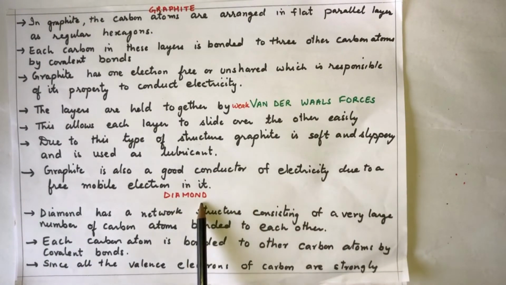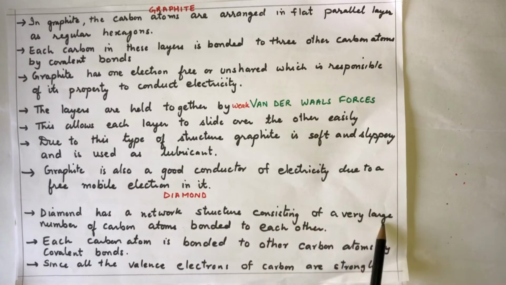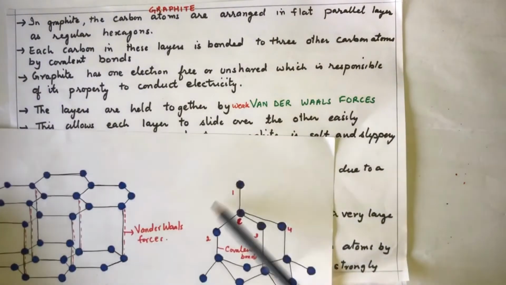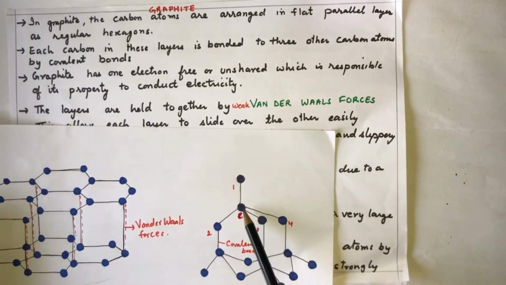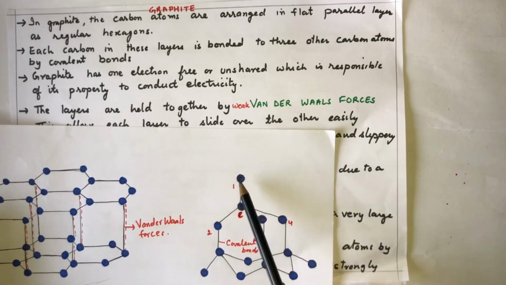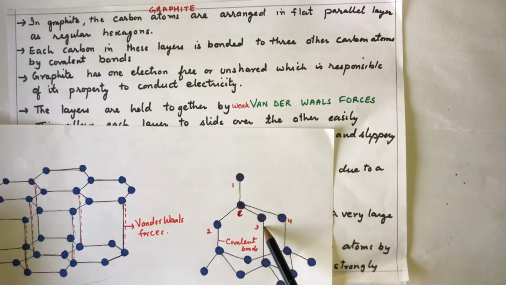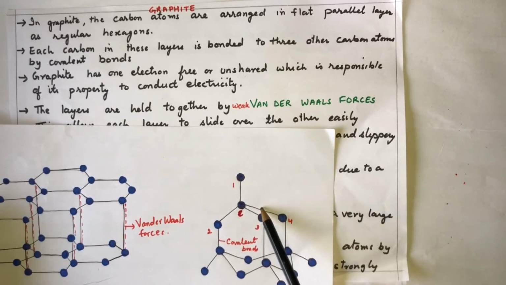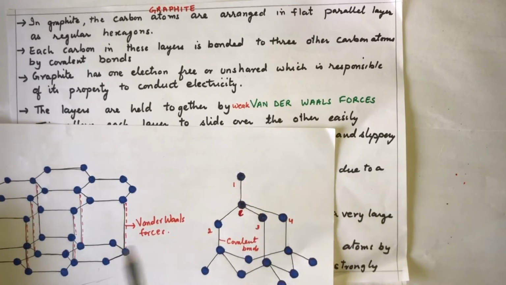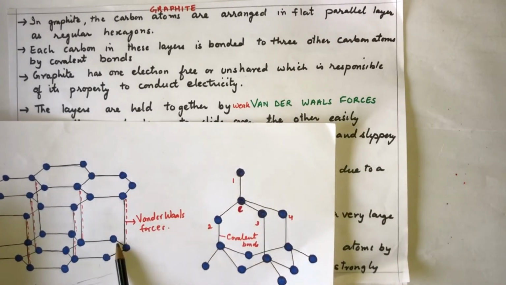If I talk of diamond, diamond has a network structure consisting of a very large number of carbon atoms bonded to each other. A network structure consisting of a central carbon atom attached to 4 carbon atoms with all covalent bonds. In graphite, one was a van der Waals force.